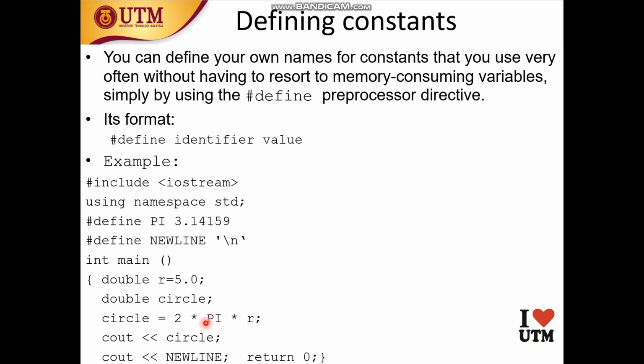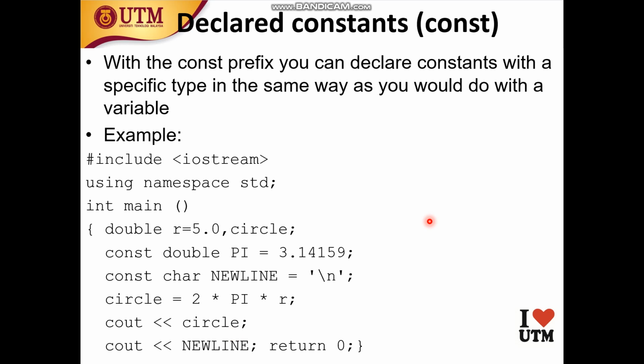So we are using pi right here, and we print the circle. We print a new line and then return 0.